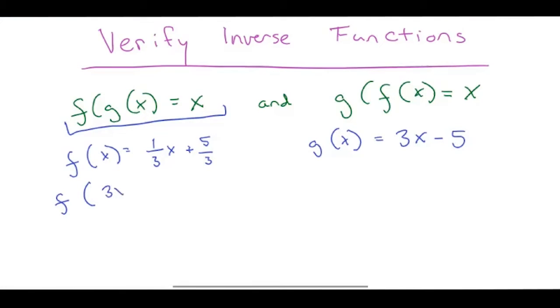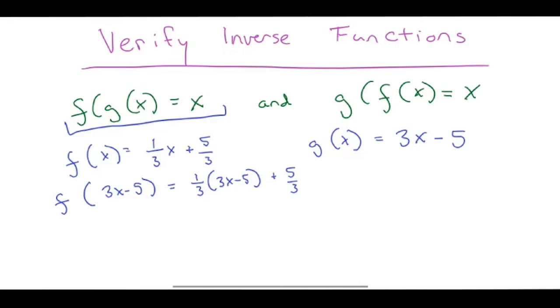Well, that's 3x minus 5, and I'm going to plug that into my 1/3 x plus 5/3. So that's 1/3 times 3x minus 5, plus 5/3.